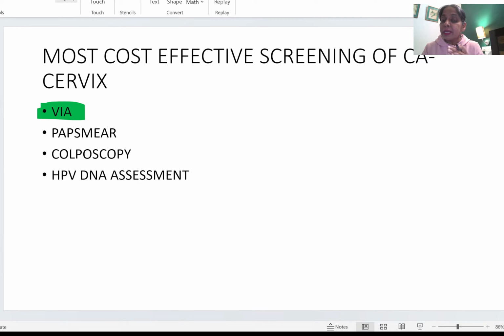It is done by nurses. What we do here, we apply the acetic acid and we see whether there is any white area or not. So this VIA is cost effective, no doubt.